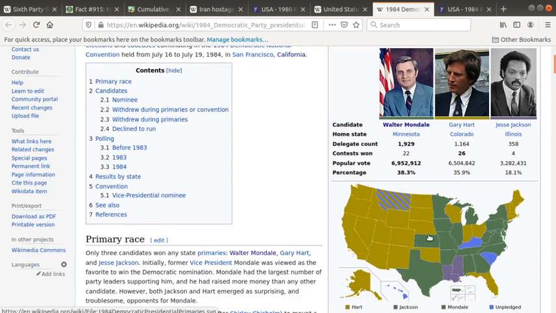Walter Mondale would not win the most states, which is not the best sign, but he also won a huge majority, almost over 800 more delegates than the second most, Gary Hart, with 1,164.